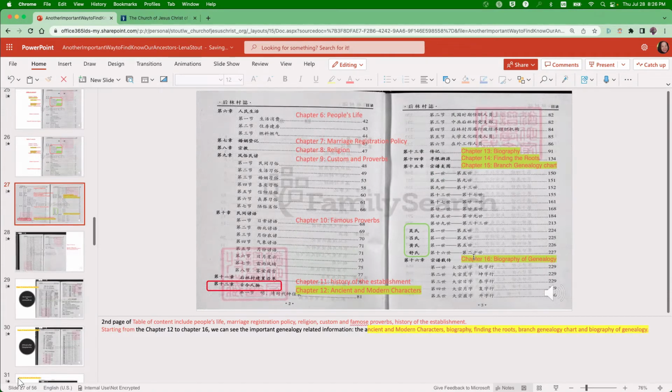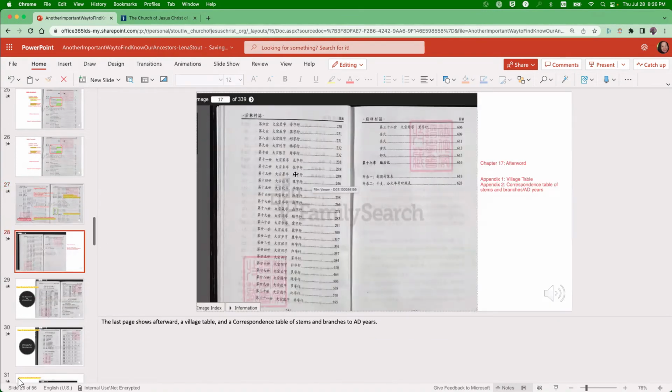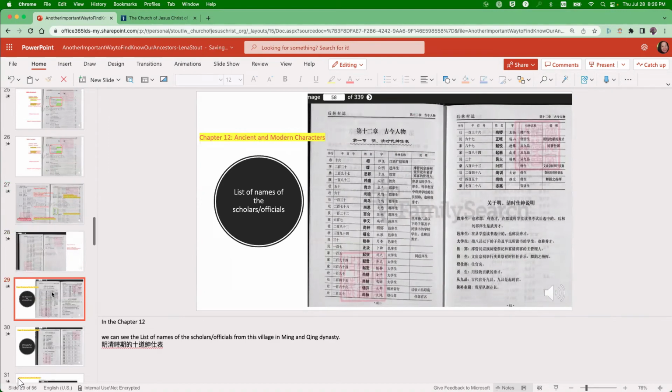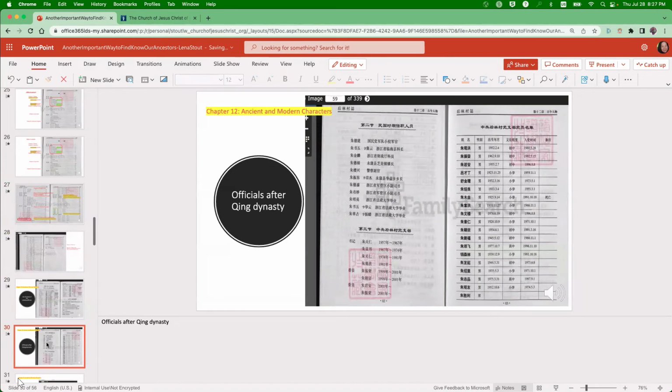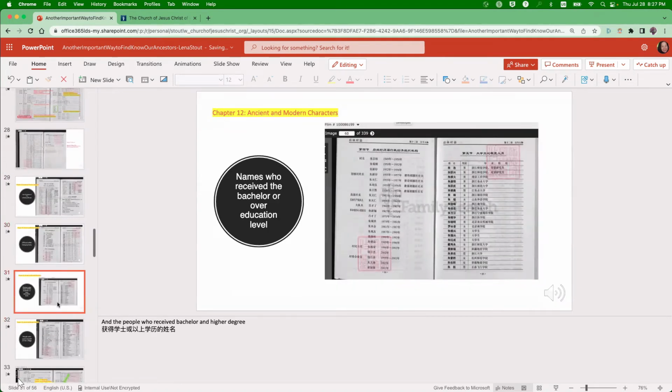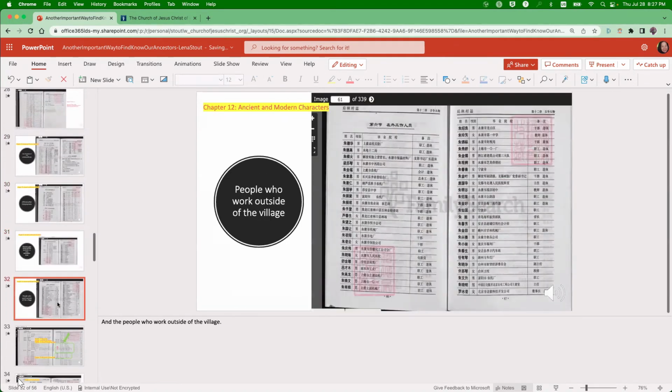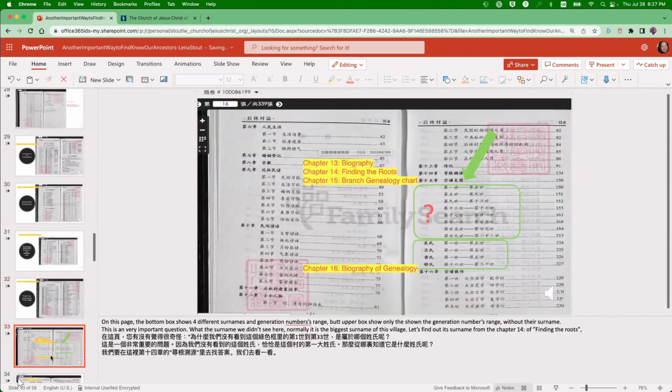It's all different. And then they have details, a biography of the genealogy part. Did you see that? How many generations they have? Wow. So this also includes that kind of information. And this one, this one. There's a lot of information.